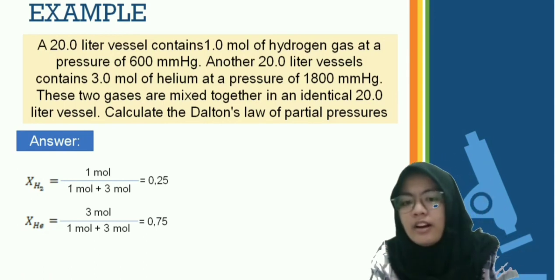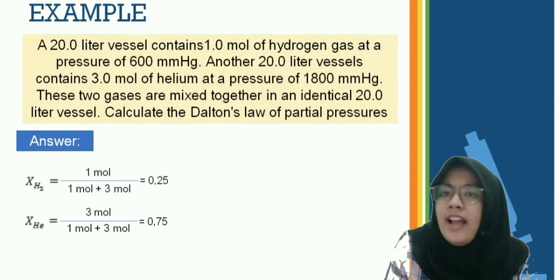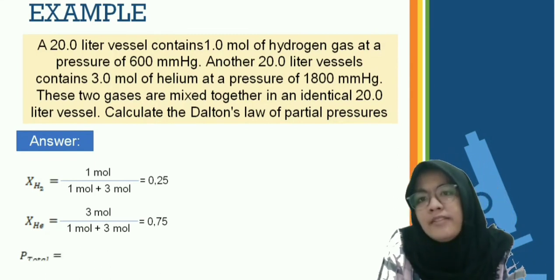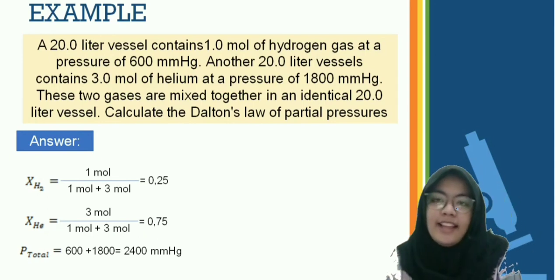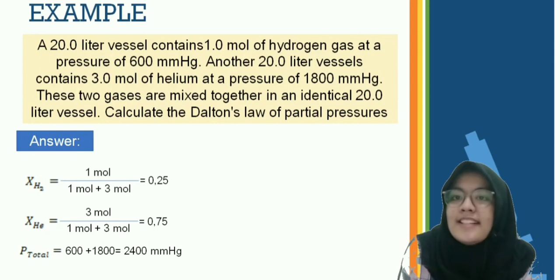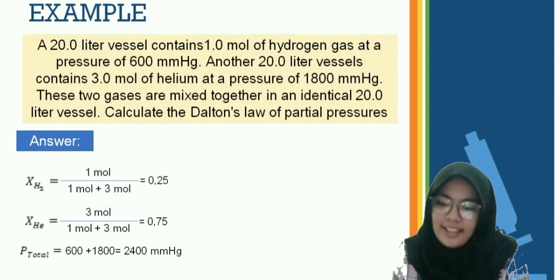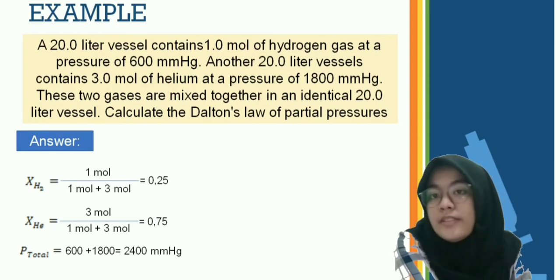How to find the total pressure? The pressure of the hydrogen gas and the pressure of the helium gas are given in the question. So there's the answer: 600 plus 1800 is 2400.